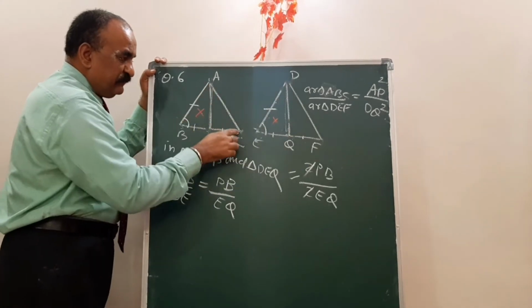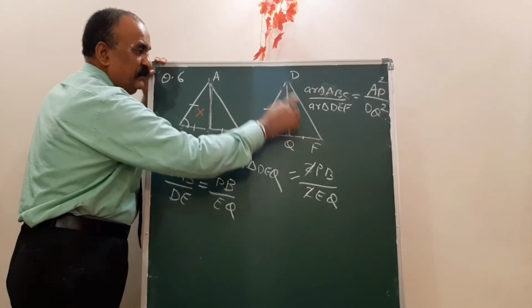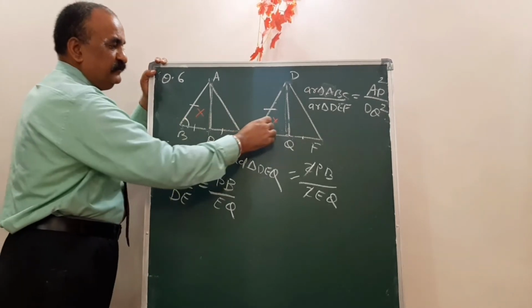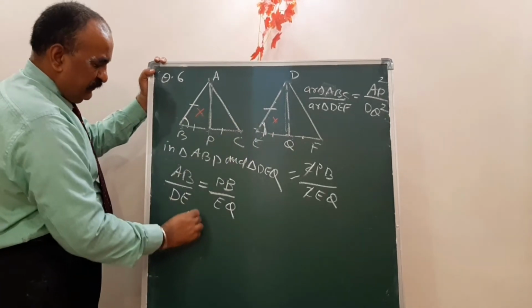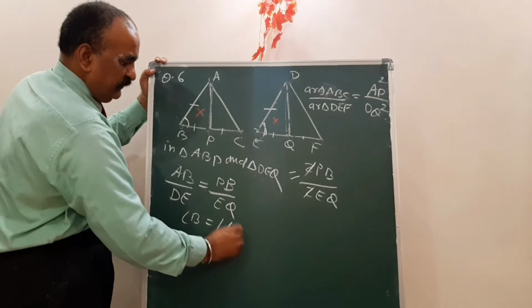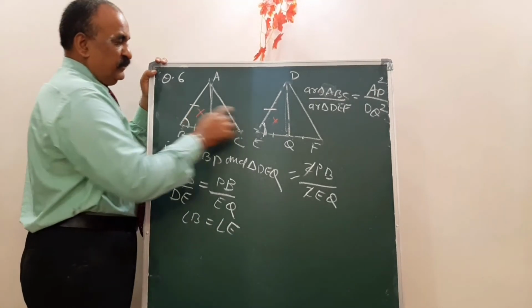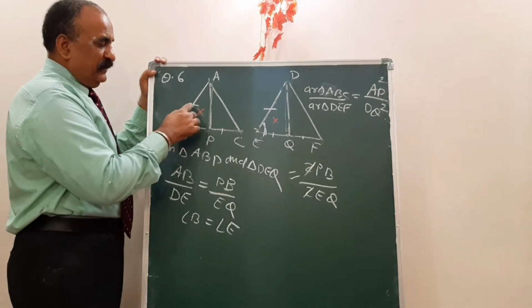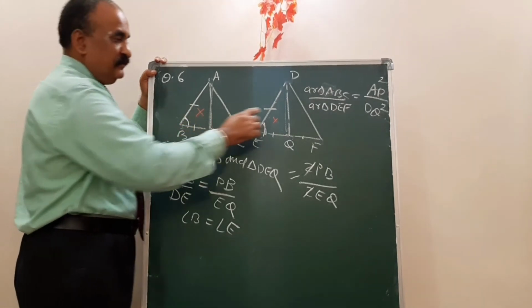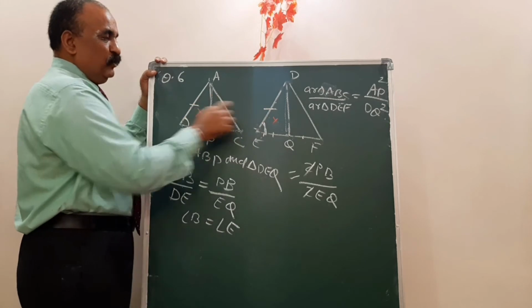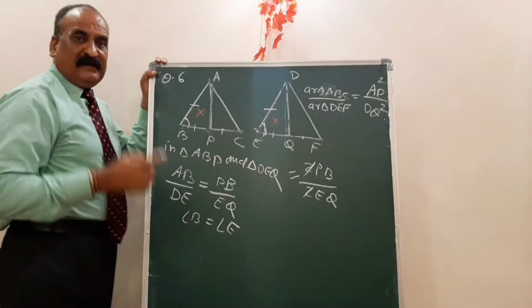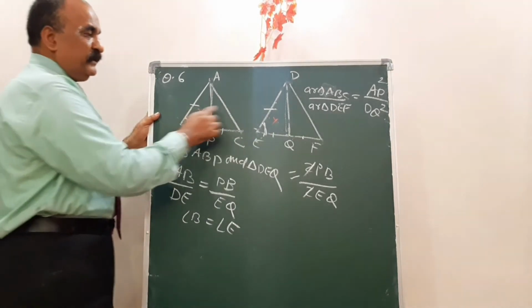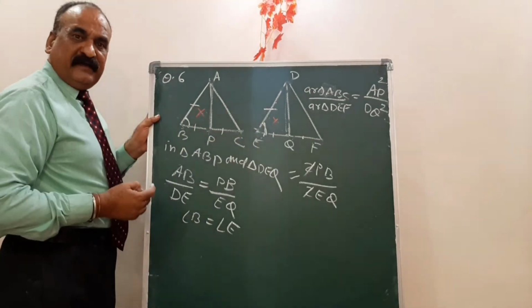Therefore, angle B is equal to angle E. It means these two triangles are similar by the SAS property. It means both the small triangles are similar. As soon as you proved both the triangles are similar, it means sides are in proportion.